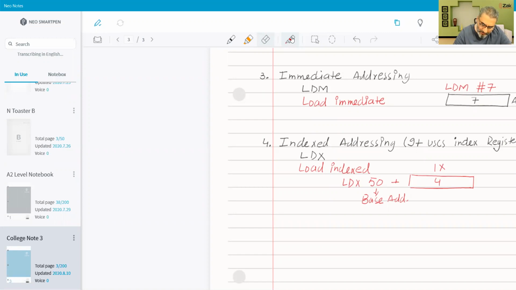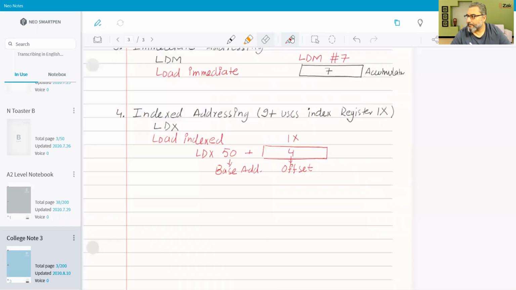The content of the index register is called offset. What do we call it? Offset. Okay? The result that comes will be the actual address, the final address, which is 54.